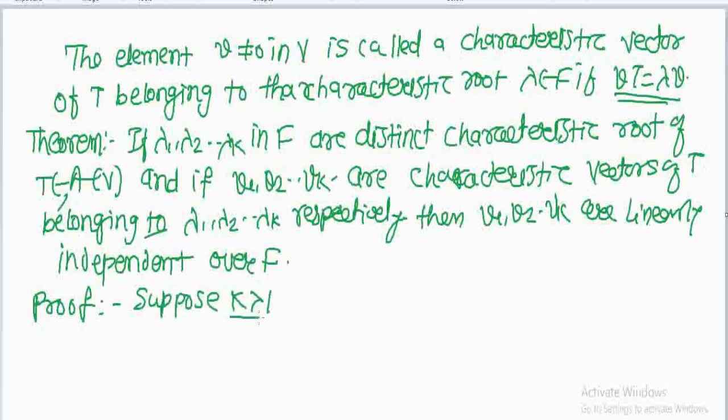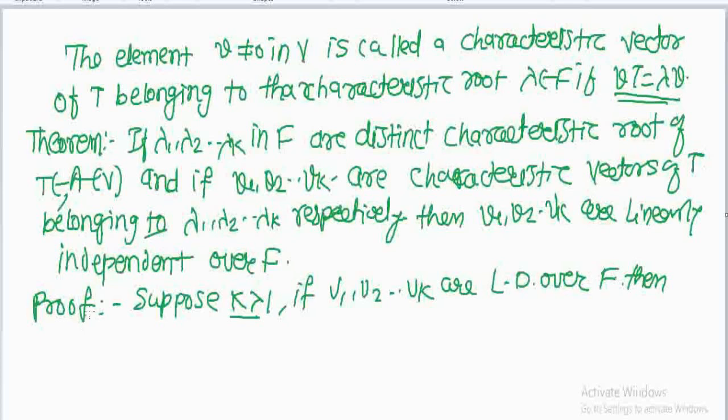Let us assume the contradiction: these vectors are linearly dependent.